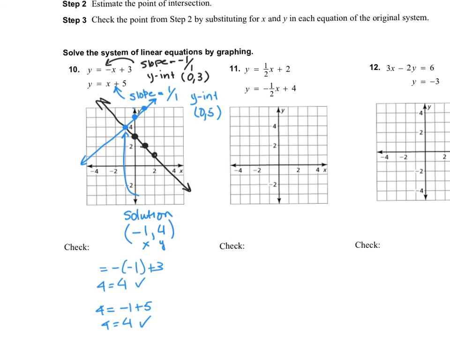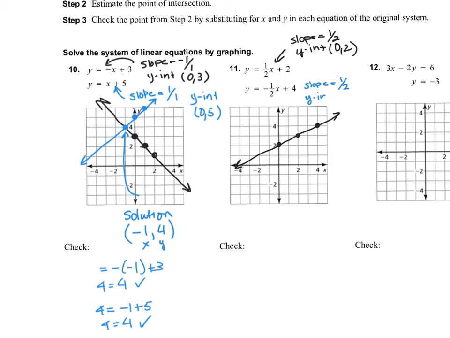All right, so for number 11, we're going to graph using our slope and y-intercept. Our slope for this first equation is 1/2. Our y-intercept is (0, 2). So (0, 2) is our first point. Rise 1, run 2. Rise 1, run 2. All right, this is our first line. And then our second line, our slope is negative 1/2.